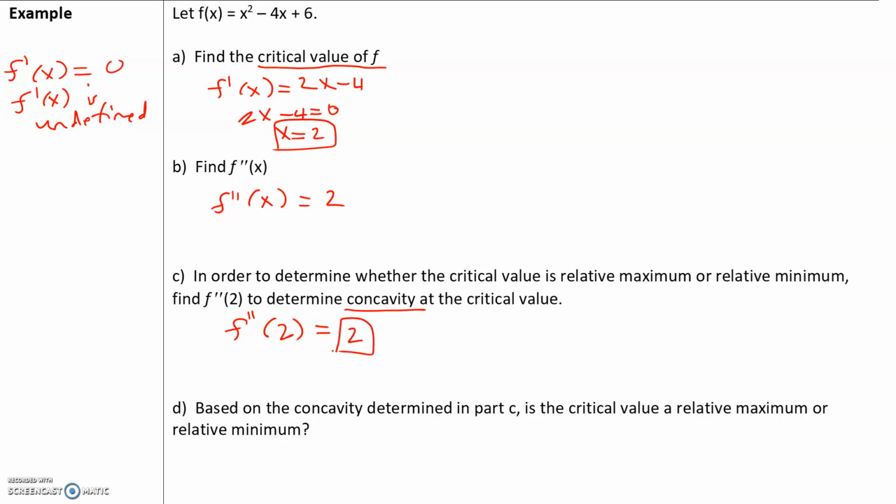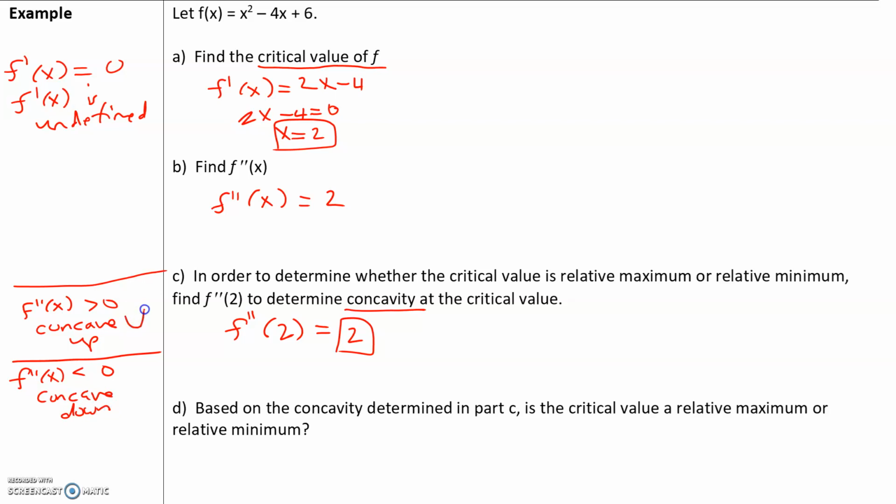Now, what do we know about concavity? If the second derivative is positive, then this is going to be concave up. And if the second derivative is negative, this is going to be concave down. Concave up will be a U shape, concave down will be an M shape or part of an M shape.